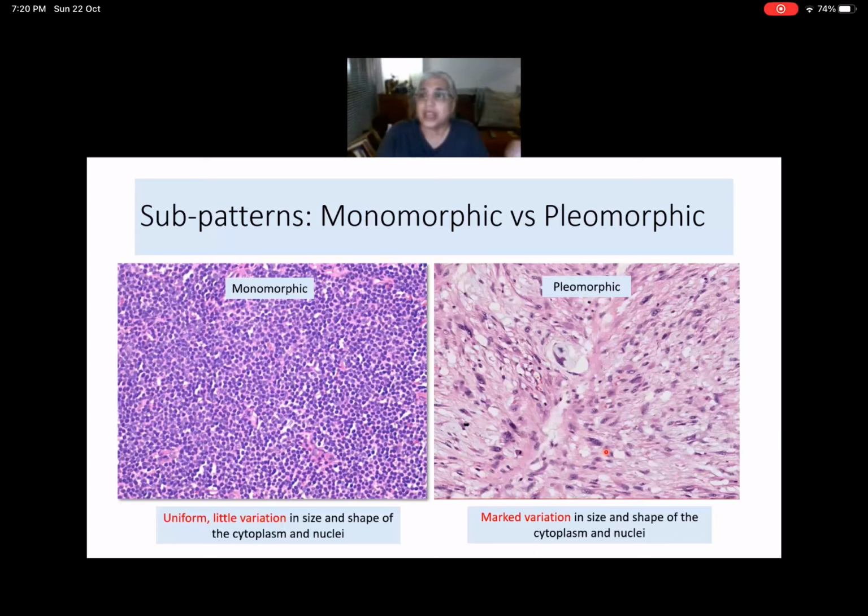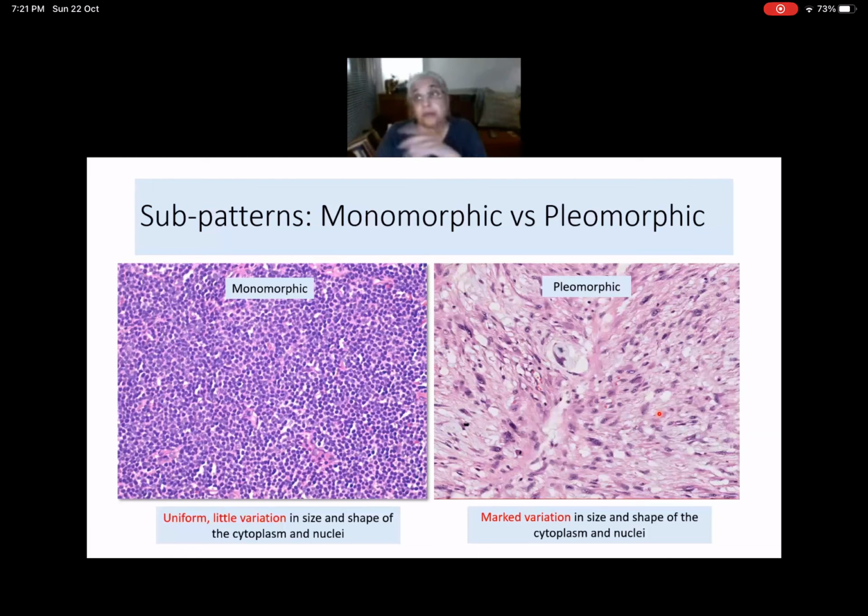So saying there is moderate pleomorphism, or mild pleomorphism, doesn't mean anything. Is it pleomorphic? Then it must have marked variation in size and shape. Using this word loosely is, to me, not the appropriate use of the word pleomorphism.